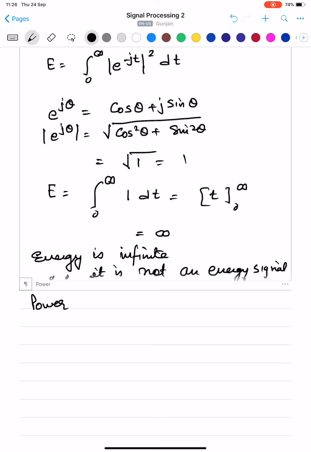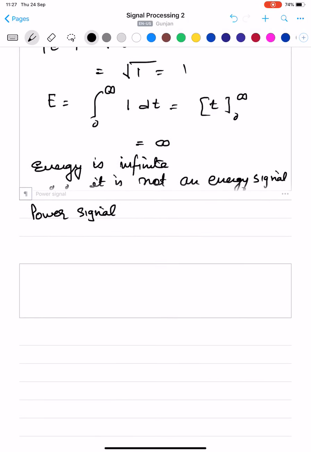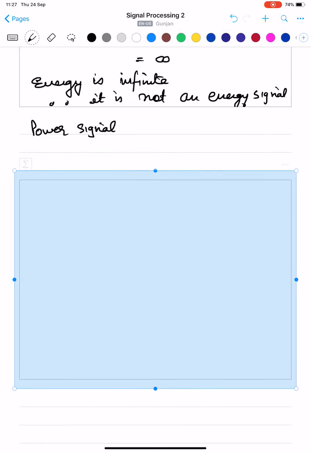The formula used to find the power of the signal is this. You know that energy divided by time is power.